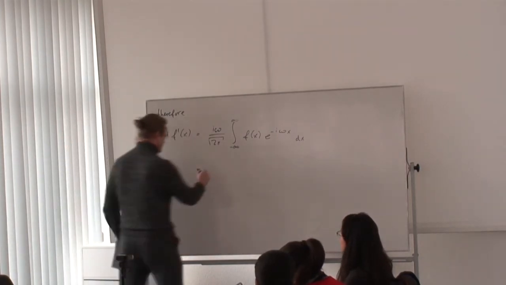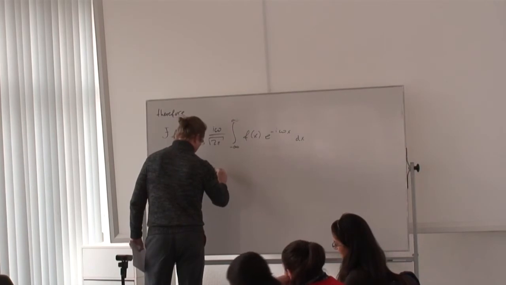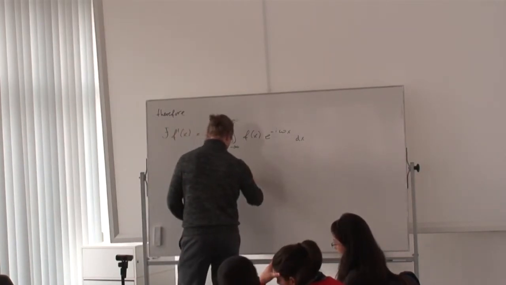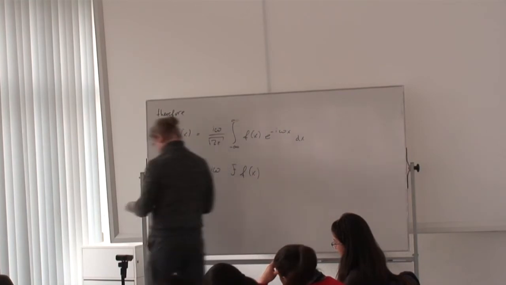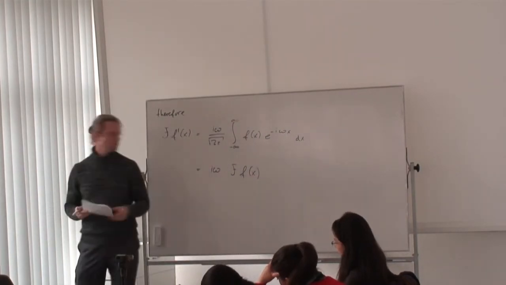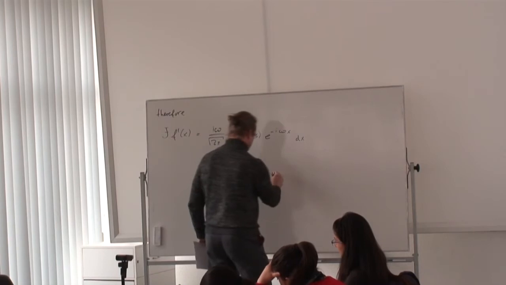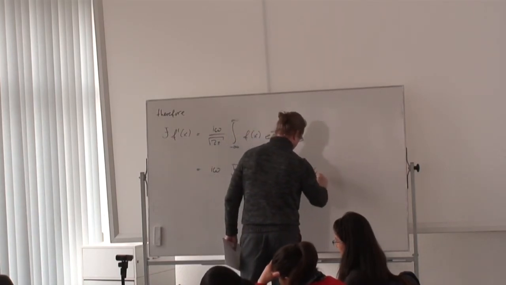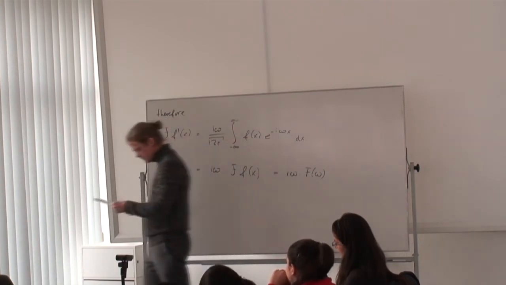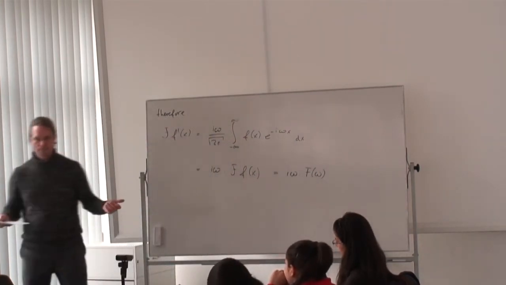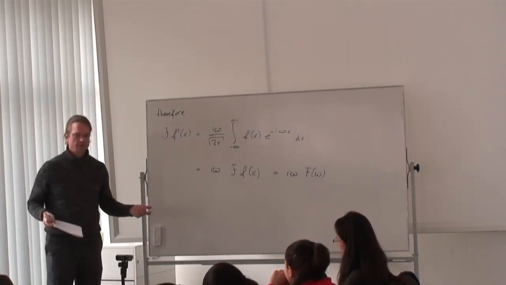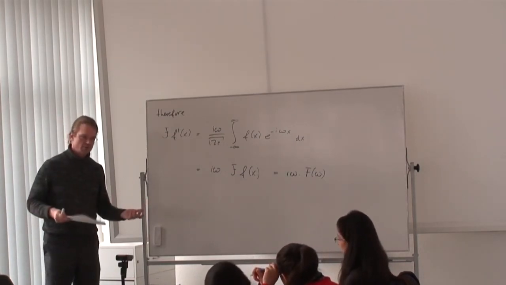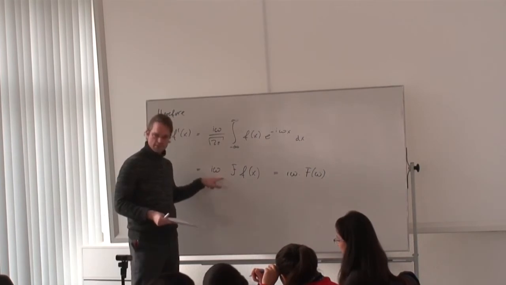This is exactly I omega times the Fourier transform of f of x, or written like this, I omega times F of omega. But what has happened? We have reduced differentiation to multiplication.